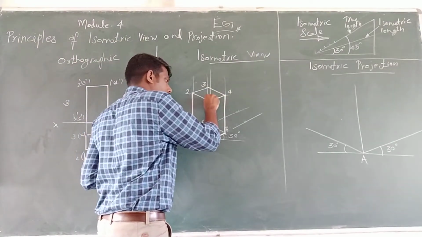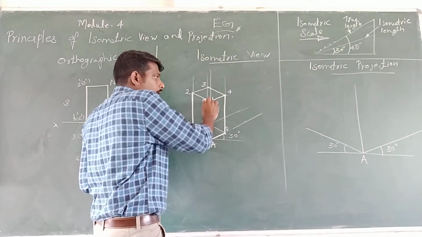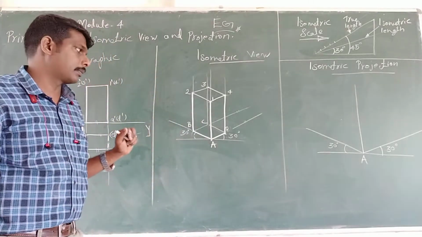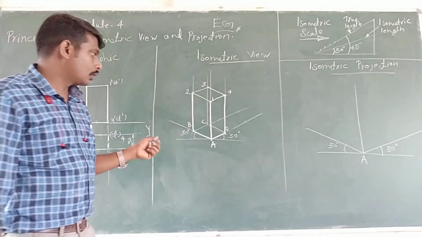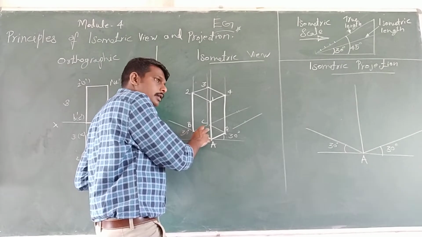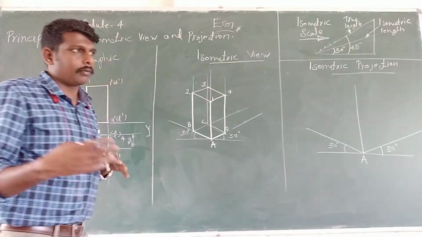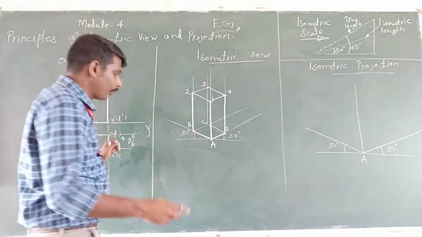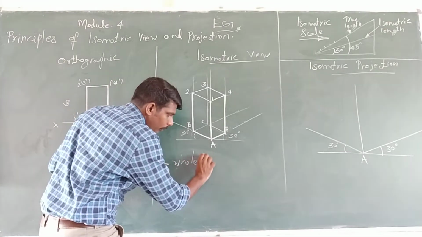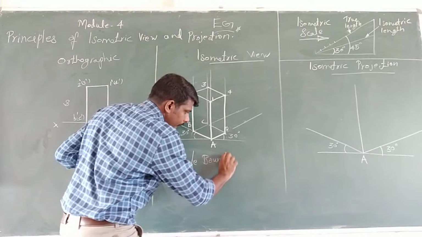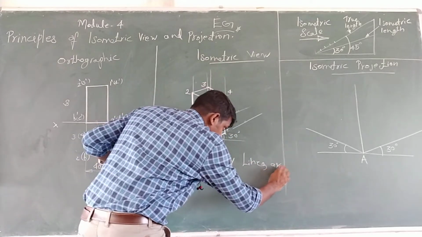Then 1 to A should be visible because A and 1 are visible, so definitely the A to 1 line is visible. Then now we know how the solid looks like. So B to C should be dotted lines. All boundary lines are thick.